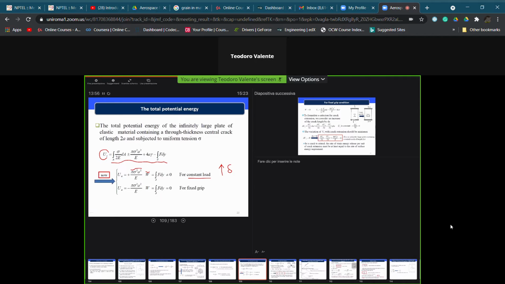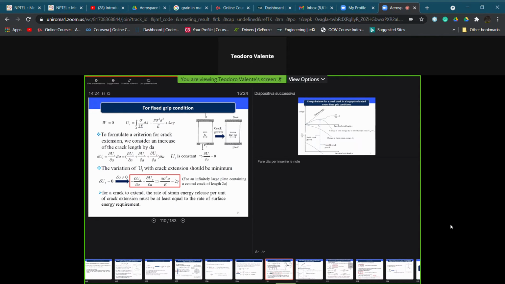Or the case in which we think of a fixed grip, that is, the specimen is constrained, and in this case the displacement is equal to 0, and thus W is equal to 0, whilst UA is just the expression of before with a minus sign before the ratio.